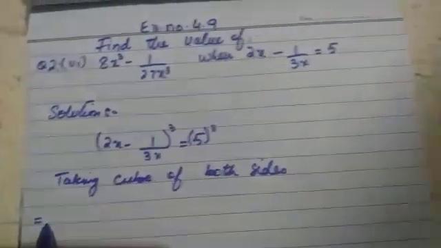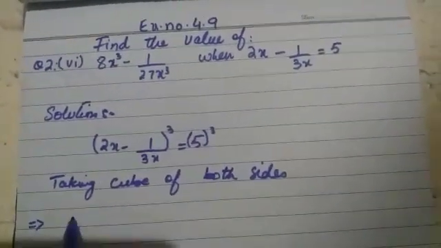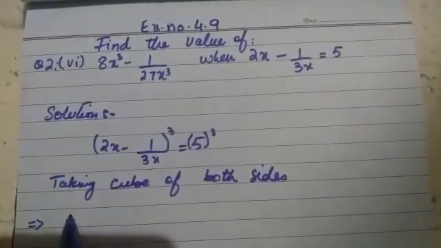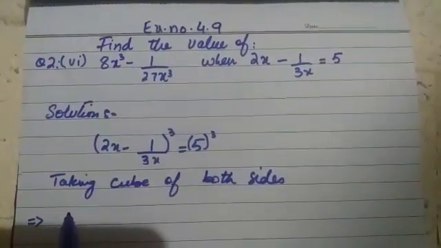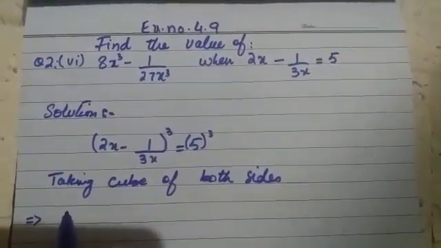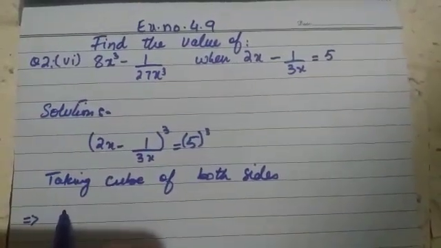On the left, we are going to expand the two terms 2x minus 1 upon 3x in the form of a cube minus b cube minus 3ab, a minus b in the bracket.